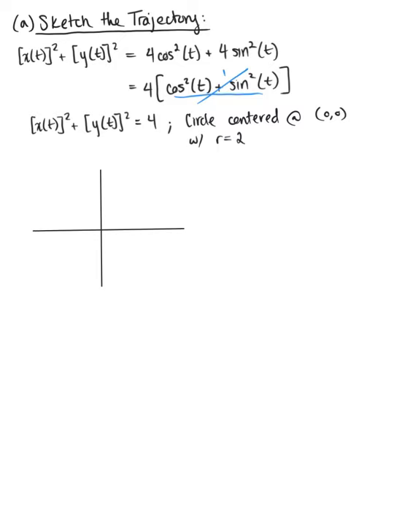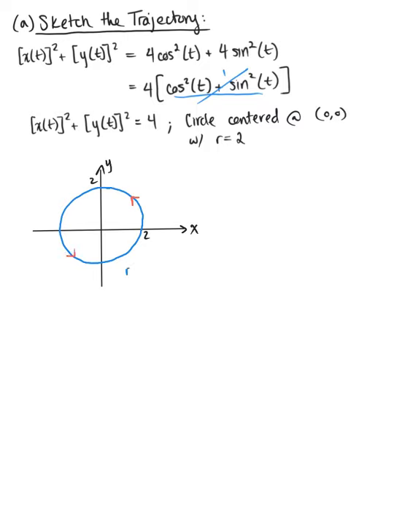So here we go. Here is the Cartesian coordinate system, with the y-axis and the x-axis. Our trajectory, the path of our object, is a circle with a radius of 2. Say there's 2 on the x and y axes, and we're moving in a counterclockwise direction around our circle.